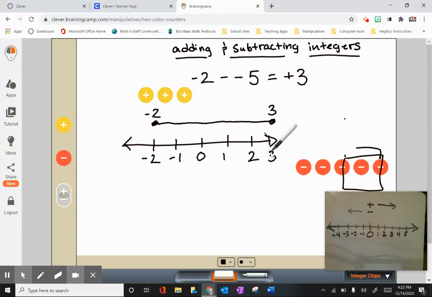So I've gone up by 5. And that's saying -2 plus 5 equals 3. If I were to rewrite this to take away the minus negative, that minus negative turns into an addition sign.